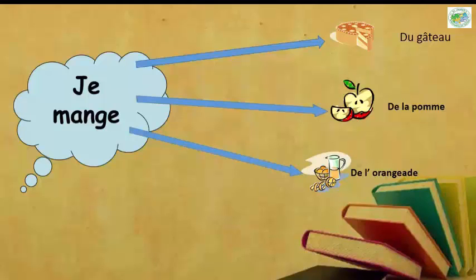It's an orange juice, so it's better to say je bois de l'orangeade. Et as a plural noun, je mange des frites. Okay, fries. So, four words. They refer to the gender and the number. Du gâteau, masculin singulier. De la pomme, féminin singulier. De l'orangeade. Et des frites.